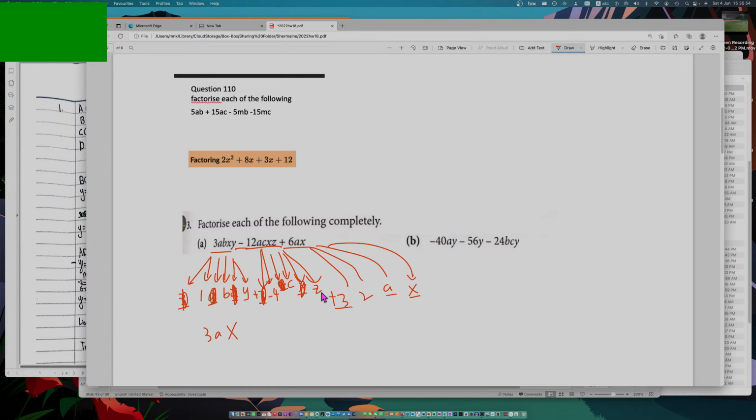Once you cancel, this is z, this is z. Okay, so the first term you are left with 1 times b times y, which is by. Then the plus here. Then you are left with the minus 4cz, so it's minus 4cz. The last one is plus 2.